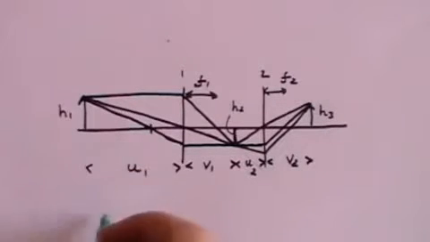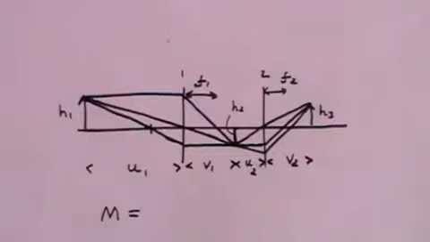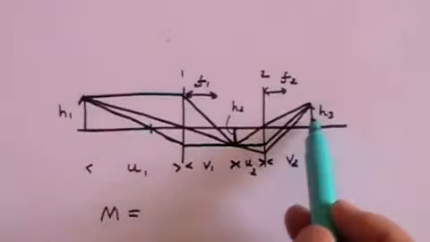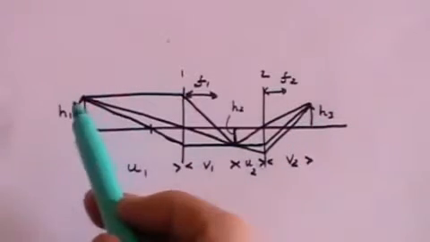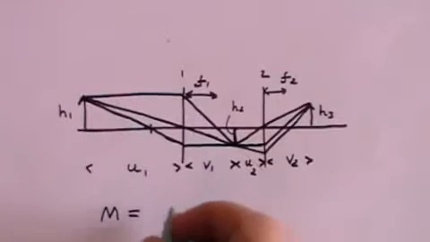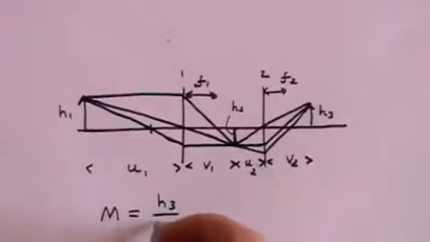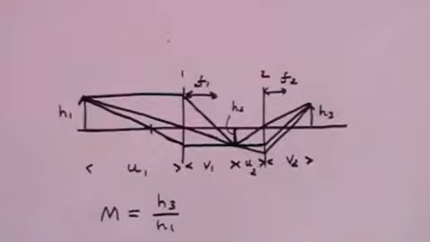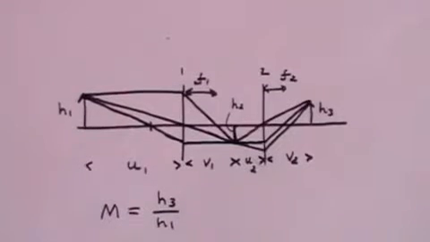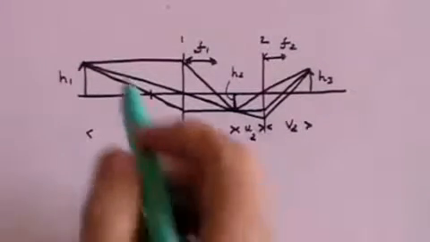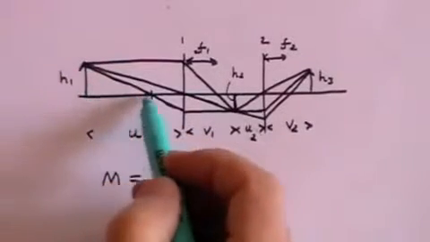And obviously we want to know what the magnification is, and the magnification is the ratio of the height of the final image to the original object, which of course is simply h3 divided by h1. But what is that? Well, let's take this triangle here.